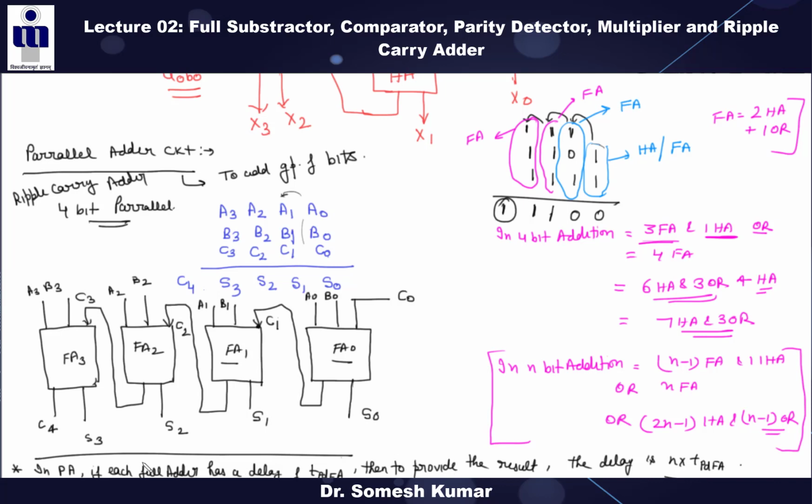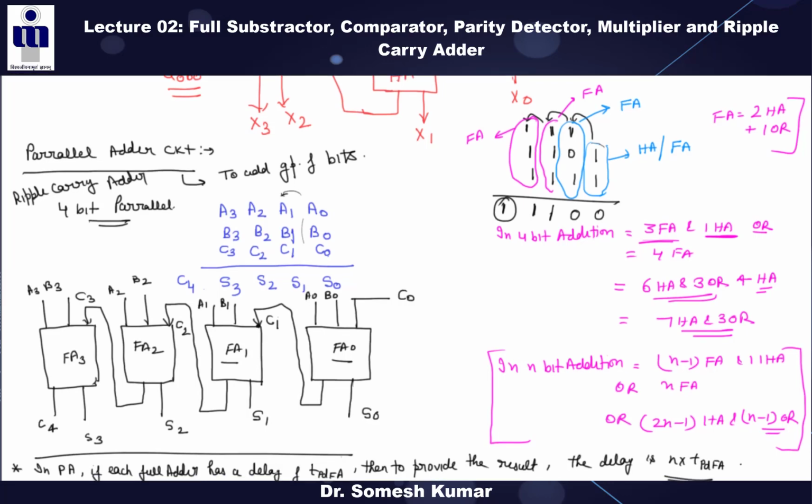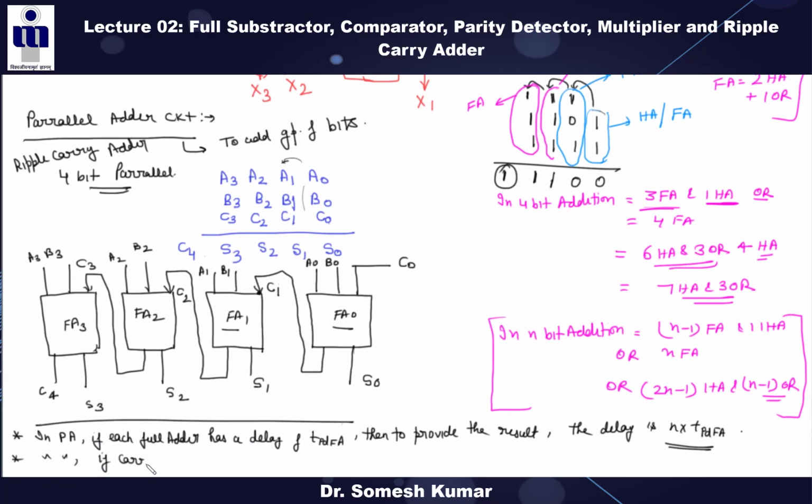What happens when each full adder has a different delay in the parallel adder? If carry and sum have different delays, understand the statement? It means you get this sum at a different delay, and you get this carry at a different delay.